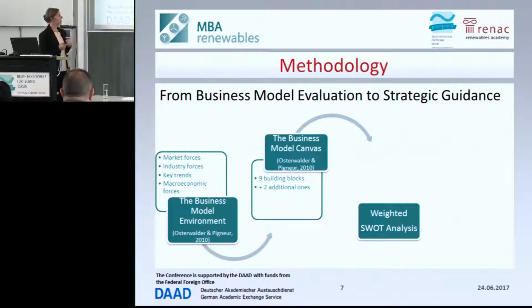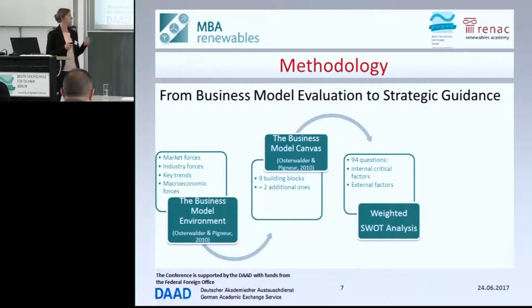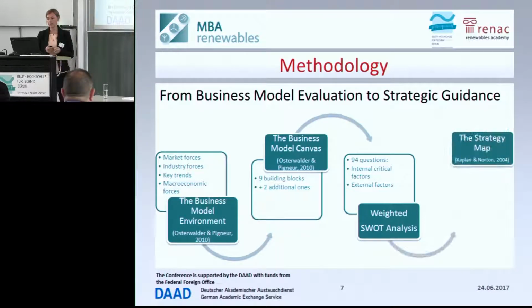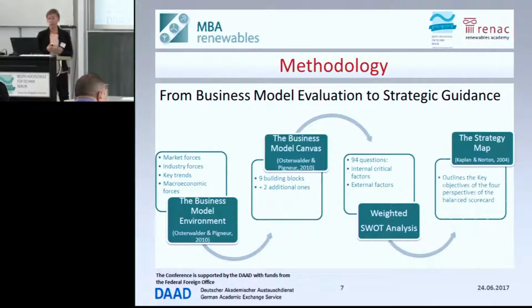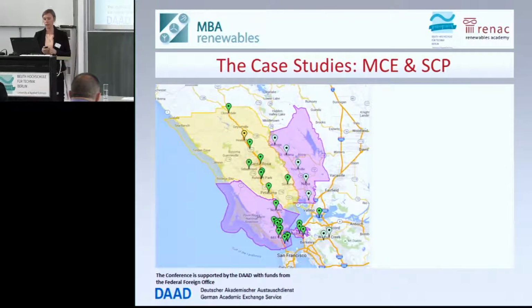Then I implemented a weighted SWOT analysis, which included 94 questions to analyze internal critical factors and external factors. And finally, I designed a strategy map with the results of the SWOT analysis. The strategy map outlines the key objectives of the third perspective of the balanced scorecard. So it's a little academic, but that was my methodology.